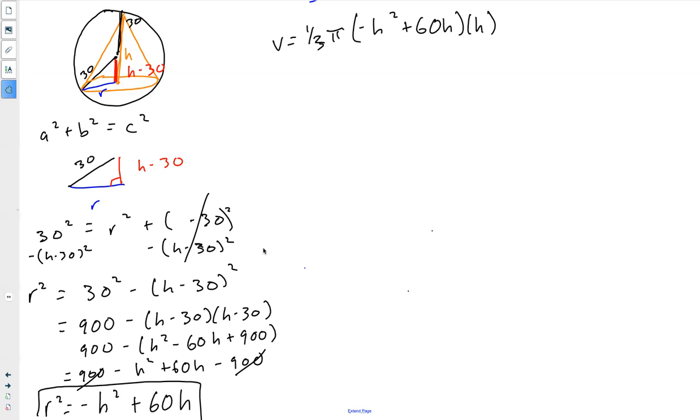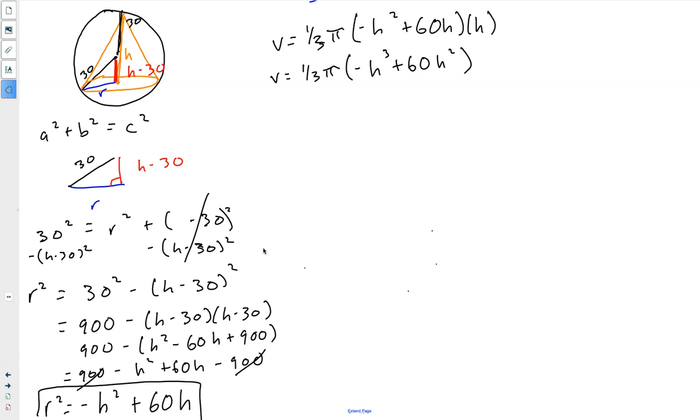Okay, so let's distribute that h into the brackets, and let's just leave the 1 over 3 pi alone, okay? We're just gonna let that hang out for the next little bit. Okay, so we get volume is equal to 1 over 3 pi times negative h cubed plus 60h squared.